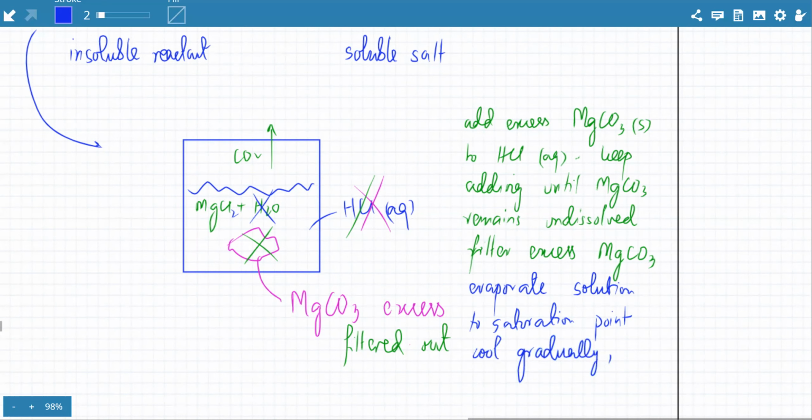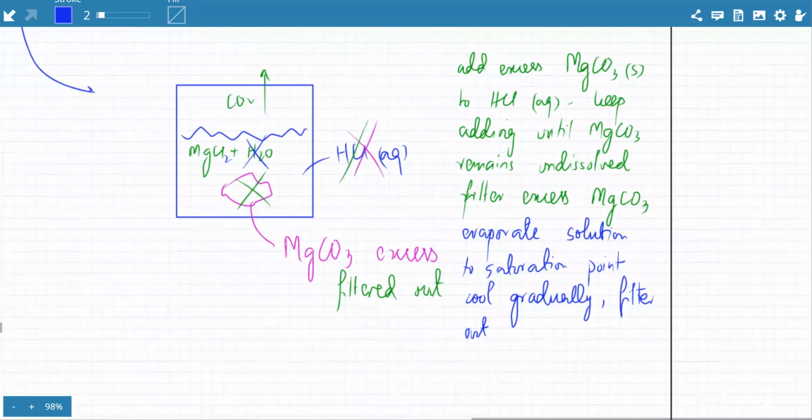Then you filter out the crystals that are formed. And what you also do is dry the crystals in sunlight.